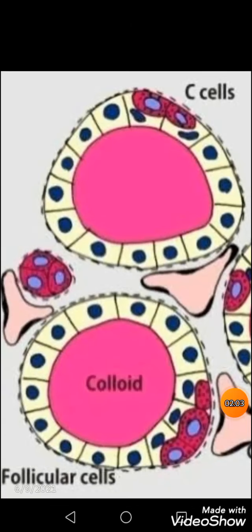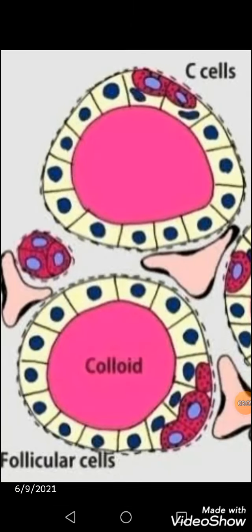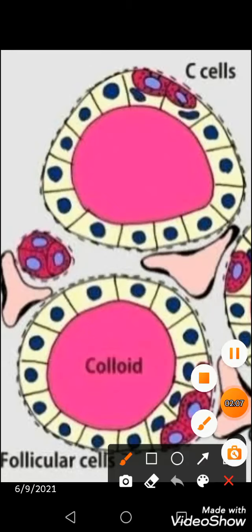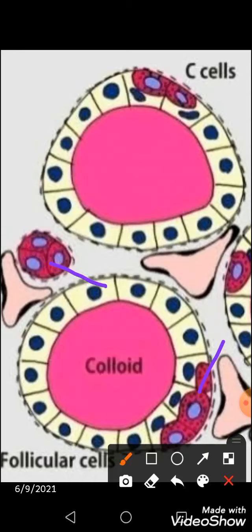Now we can concentrate on the parafollicular cells, and in the picture you can see that they are located within the same basal lamina as the thyroid follicle, but do not share the lumen of the follicles. They are larger in size than the follicular cells, and they are of lighter stain.